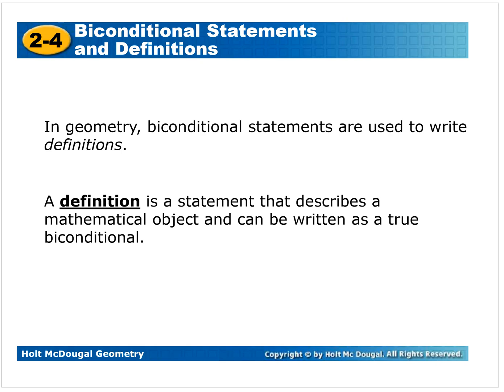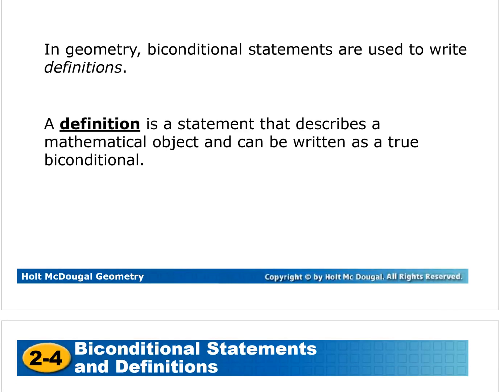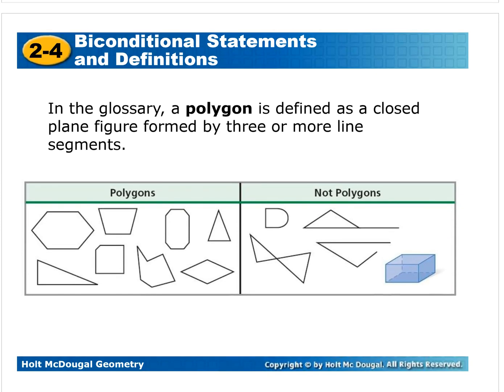Okay, so you want to think of the definition and the item as a pair. They need to work both ways. That would be a biconditional statement. So in mathematical terms, we have polygons. Here are some definitions for us to have. A polygon is defined as a closed plane figure formed by 3 or more line segments. So any of these figures are polygons.